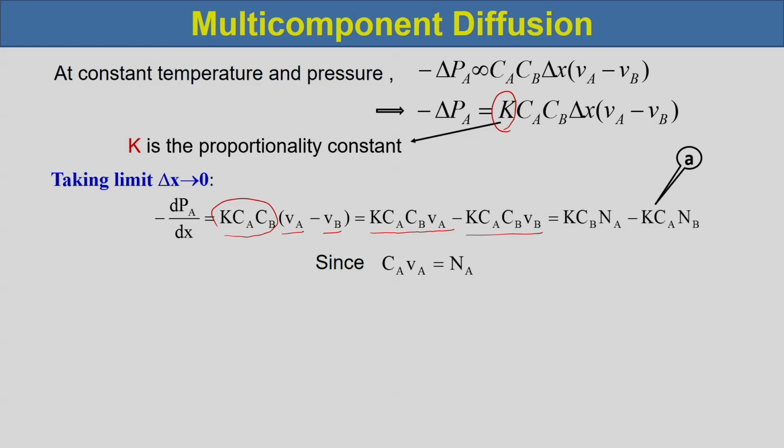As we know, Ca into Va is Na, so we can substitute these two terms with Na, giving k Cb Na. Similarly, Cb into Vb is Nb, so substituting it, we have minus k Ca Nb. So, this is equation 1.